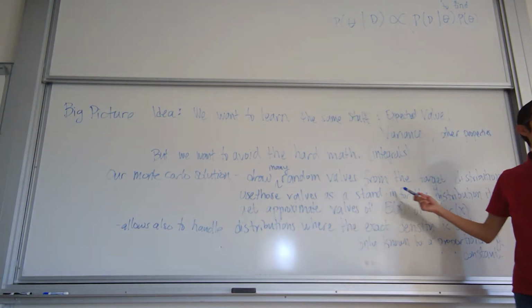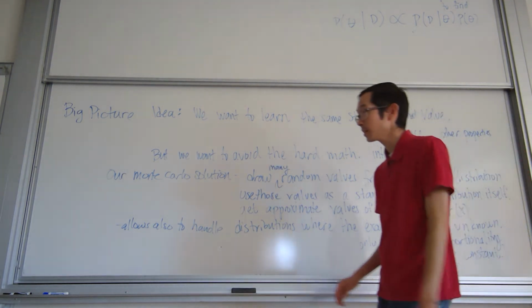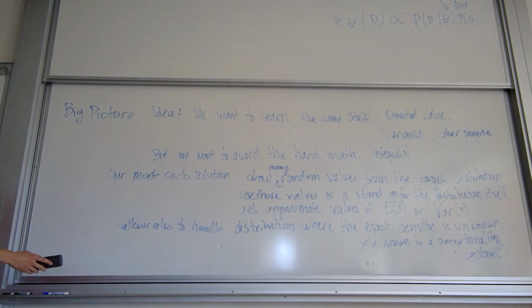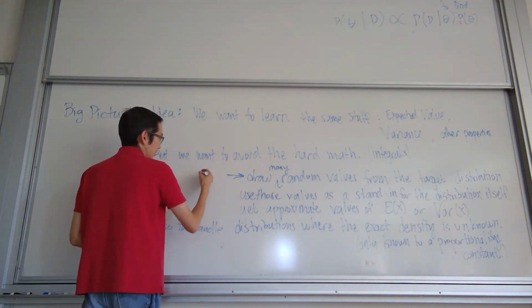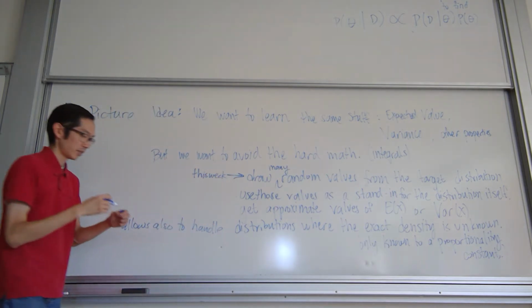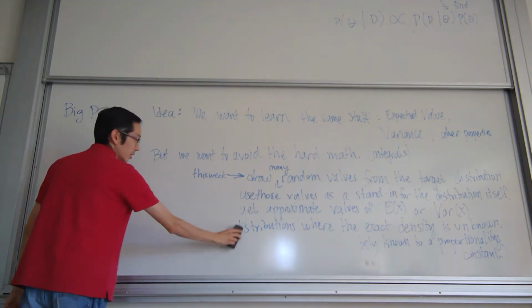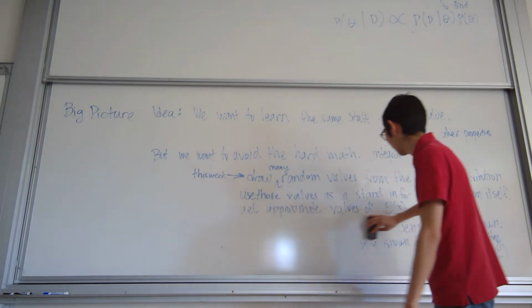That's what we will look at first. We'll start there, and then we'll build up from there. So this week, we're going to draw a bunch of random values from the target distribution. And then we use those values as a stand-in for the distribution itself.